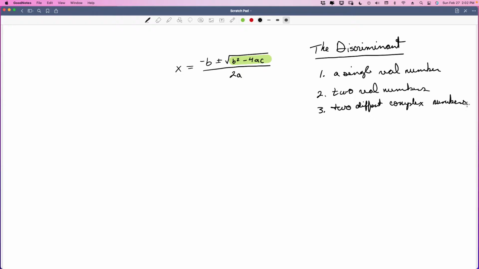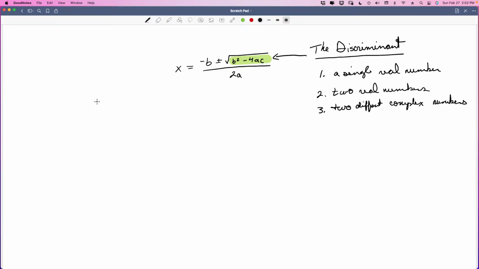And the complex are going to be the ones that retain the radical symbol, or they have an imaginary number, something like that. But what determines all of this is this value right here. This is your discriminant. So let's figure out how we can just look at this and let it tell us which one of these we're going to get.